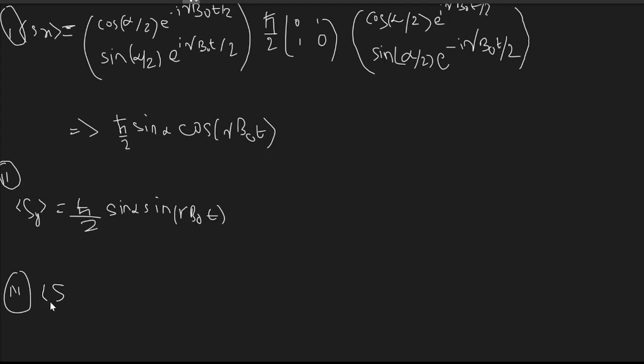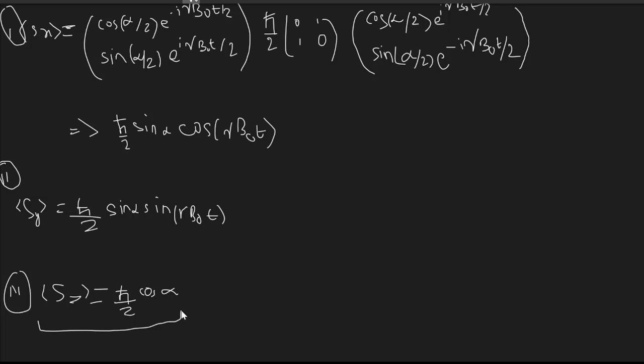It means expectation value in the z of the spin is equal to h bar divided by 2 and cos alpha. What is this? This means that it's a constant, because alpha here is a constant angle. So the expectation value is constant in the z direction. But in y and x direction, it's dependent upon time.